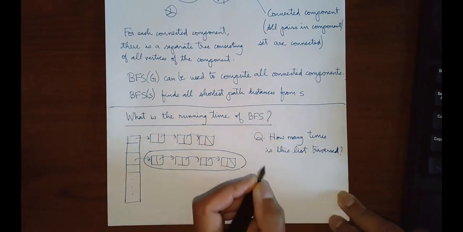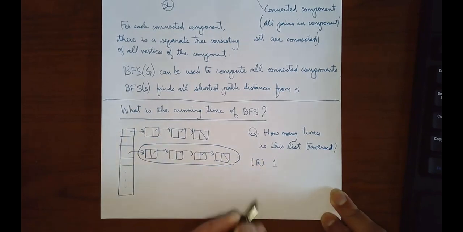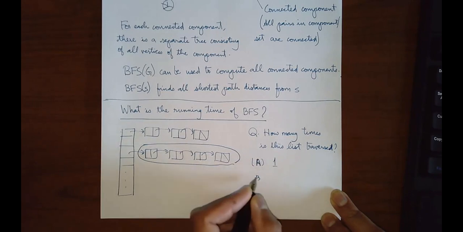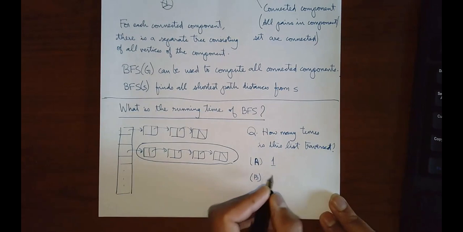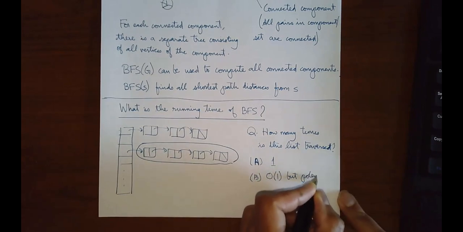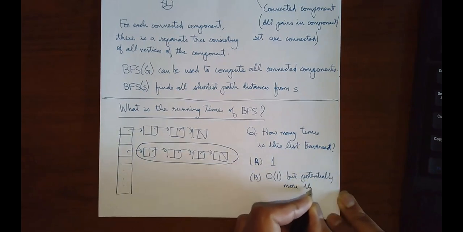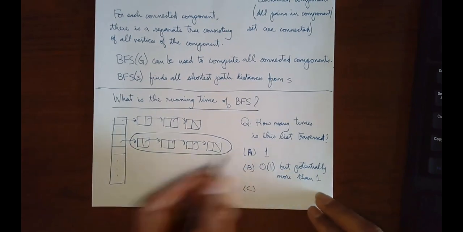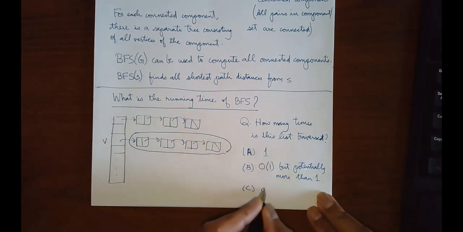Okay, question. I'm going to give you some options here. A is just one time. B is some O of 1, but potentially more than once. And C is, let's just say this vertex is V, is it going to be like the degree of V?